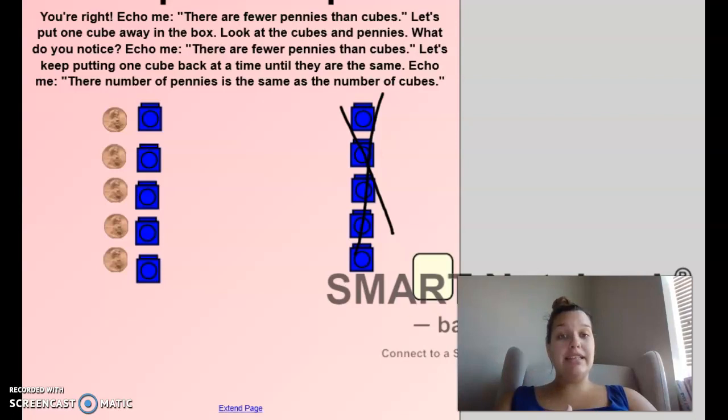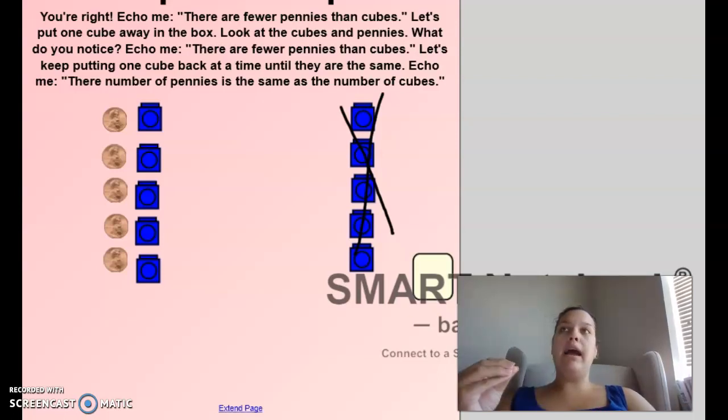For your exit ticket today, you are going to be finding a group that has fewer and then telling me how many more you would need to make the two groups the same.